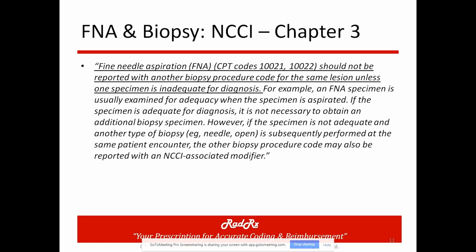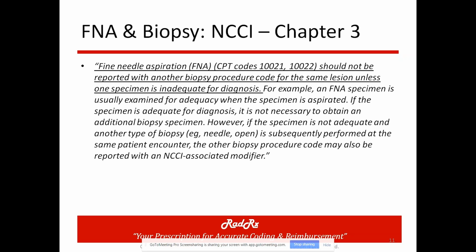So basically what you're looking for in those reports is if they do a fine needle aspiration and then they determine that that specimen is inadequate for diagnosis, a lot of times they have the ability to assess adequacy of that aspiration when they're doing the procedure before they ever send it anywhere for analysis.